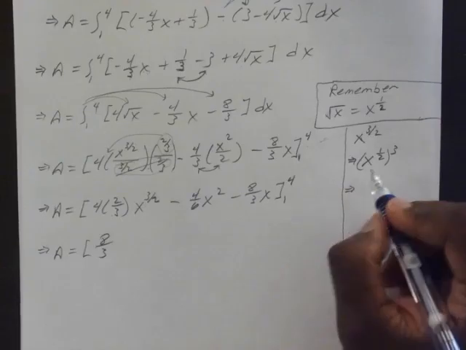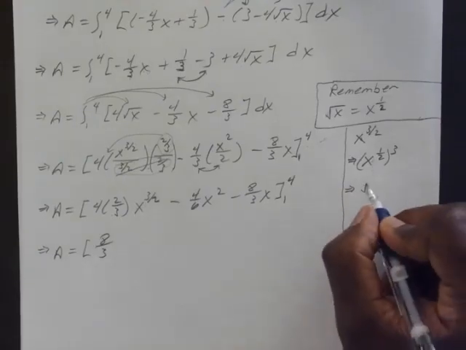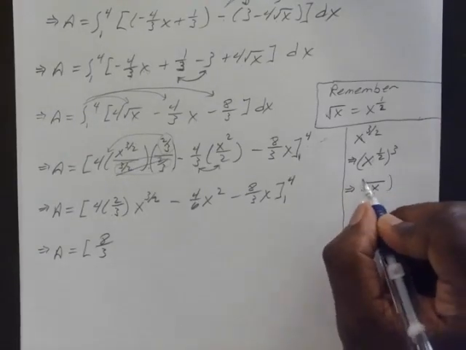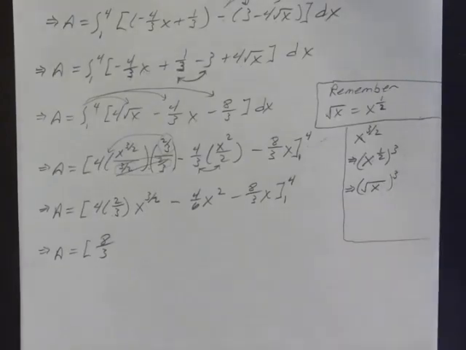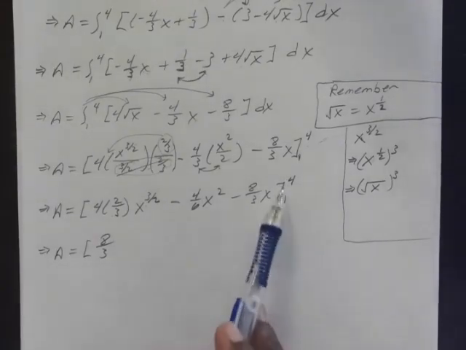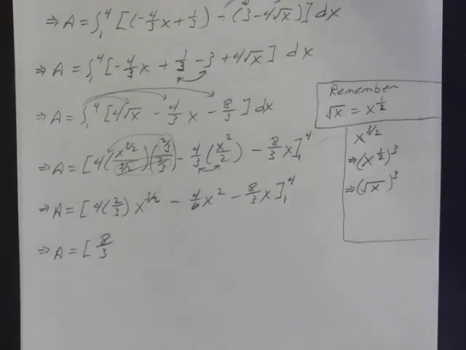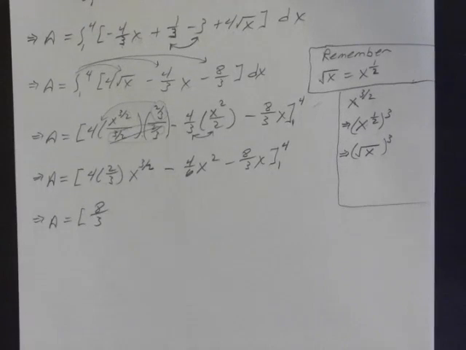And we know that x to the 1/2 power is just the square root of x. So that's the square root of x cubed. Which is helpful because our upper and lower bounds are perfect squares, so it won't be too bad.